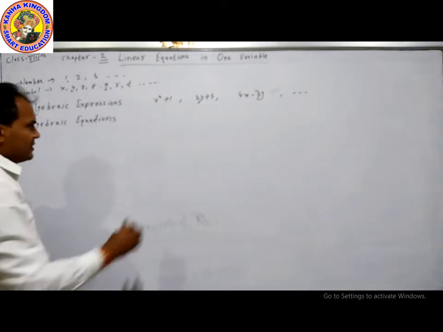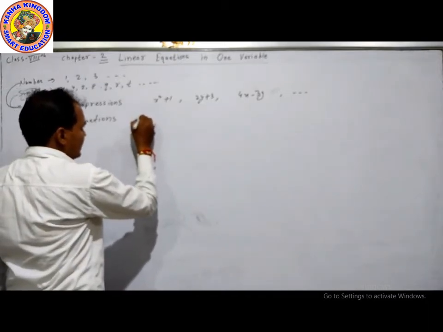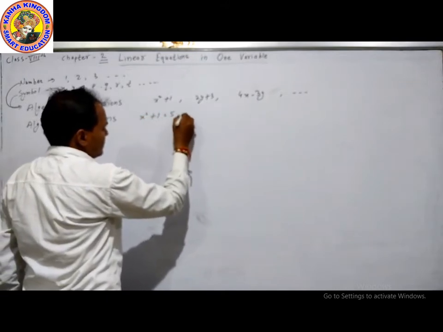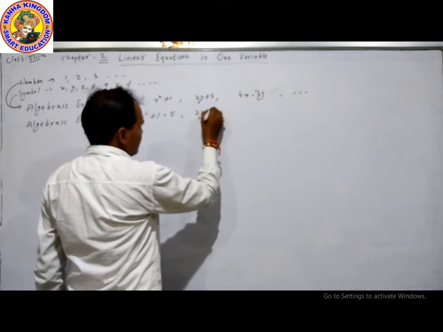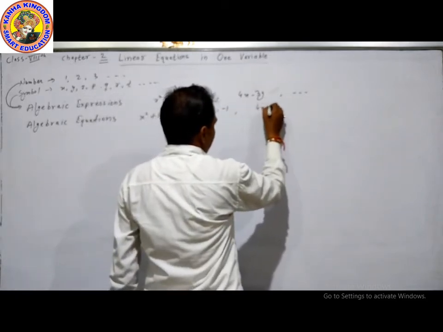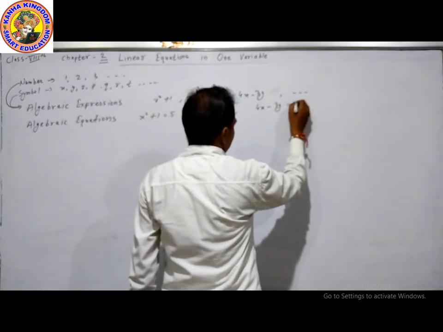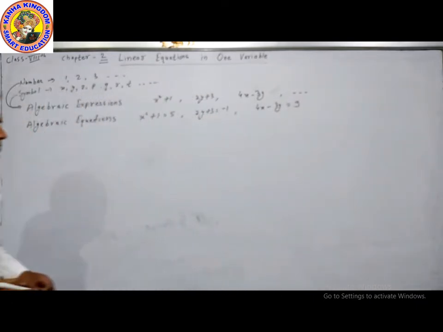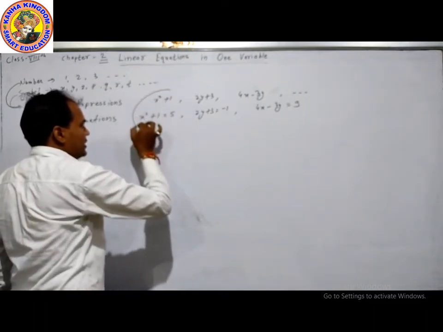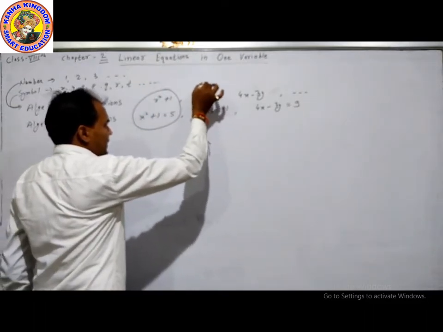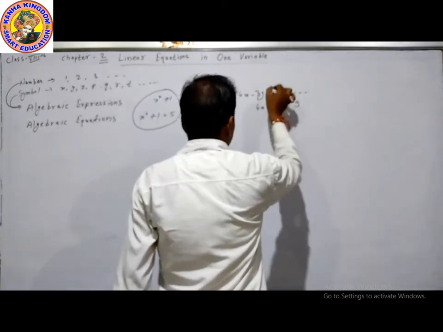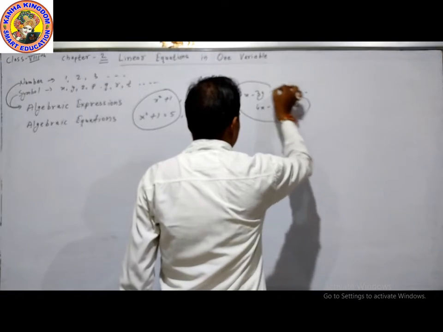Algebraic equations: x square plus 1 is equal to 5, 2y plus 3 is equal to minus 1, 4x minus 3y is equal to 9. I wrote different examples of both terms, algebraic expression and algebraic equation.